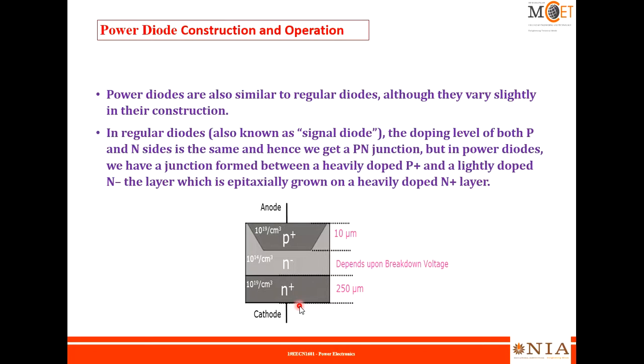This is the heavily doped N plus layer, and this is the heavily doped P plus layer. This N minus layer is epitaxially grown. This is the construction of the power diode, consisting of P plus, N minus and N plus.